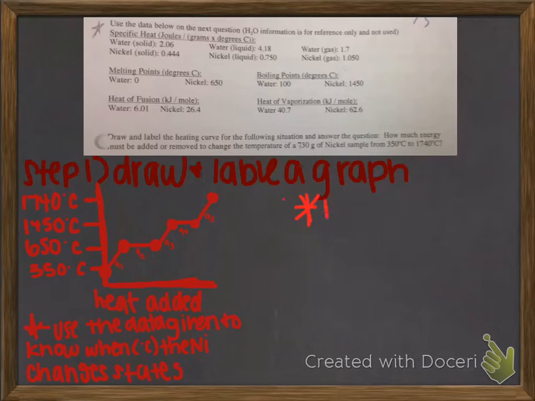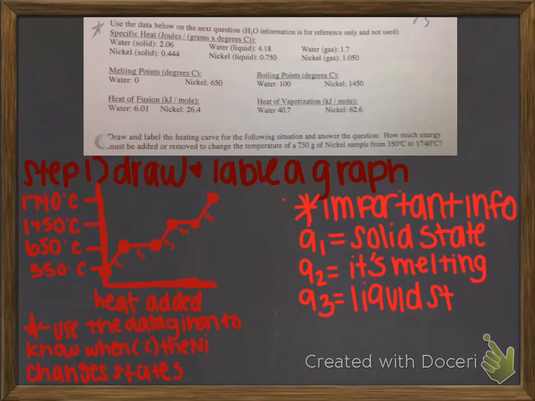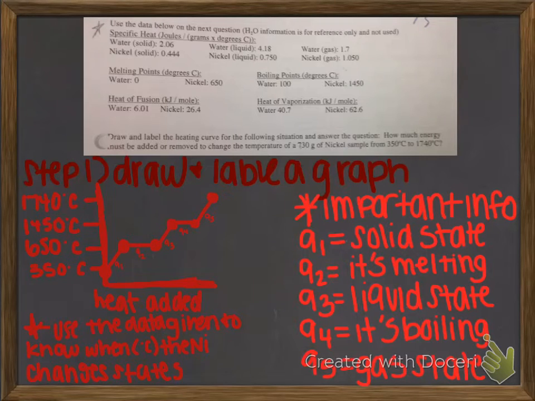So once again, I'm just going to write the states of each Q. So Q1 is in a solid state, Q2 is the melting point, Q3 is the liquid state, Q4 is the boiling point, and Q5 is in a gas state. And once again, that's just going to help us know which data needs to go where.